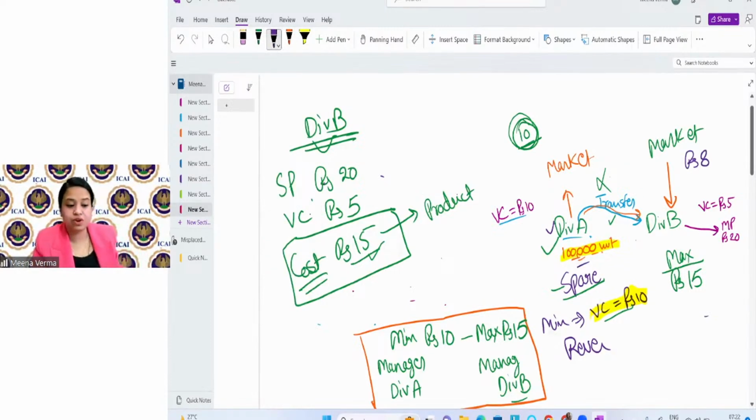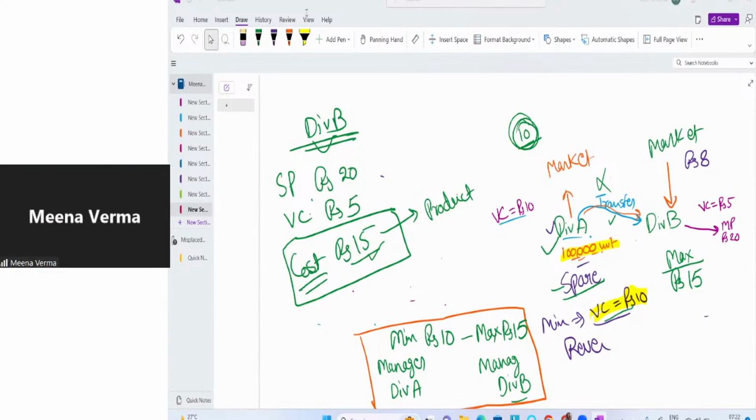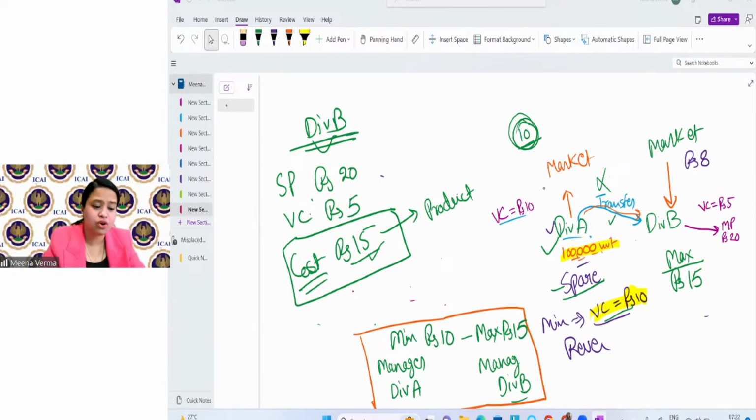This division, division A, will not go below 10, because this is the minimum cost they will incur to produce the goods. The division A manager will not reduce their price below 10. This is their minimum expectation.